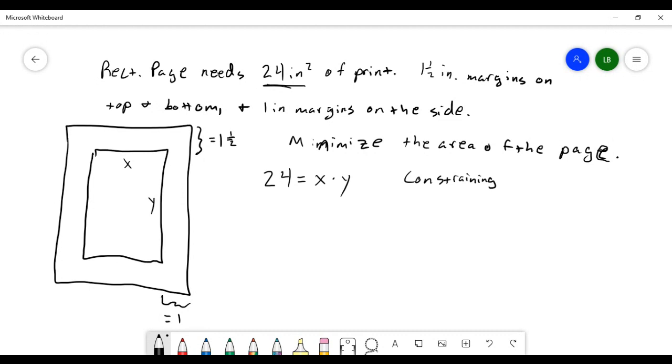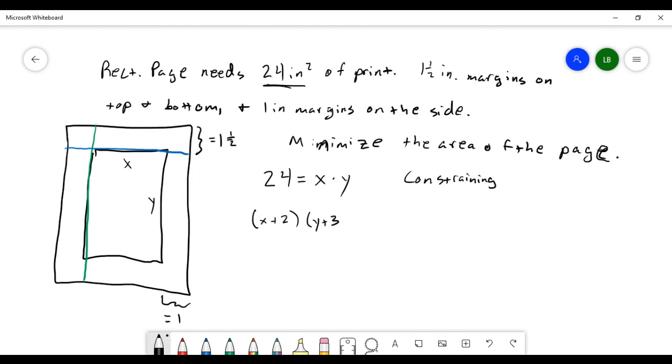For our primary equation, we want to take the equation using the whole area of the page. In that case, that's going to be x plus 2 for this whole length across this whole page. And that's going to be multiplied by the whole vertical length.